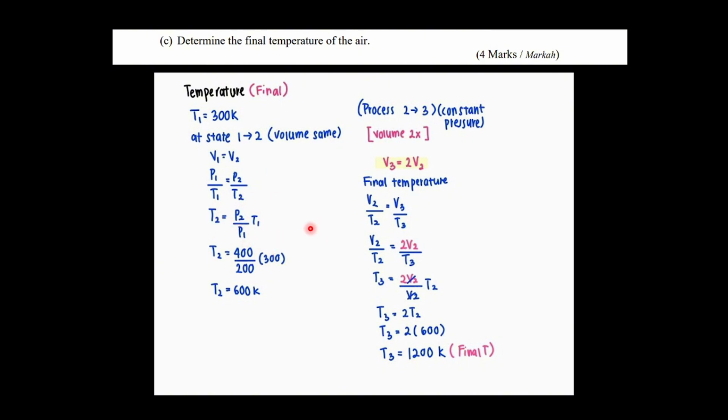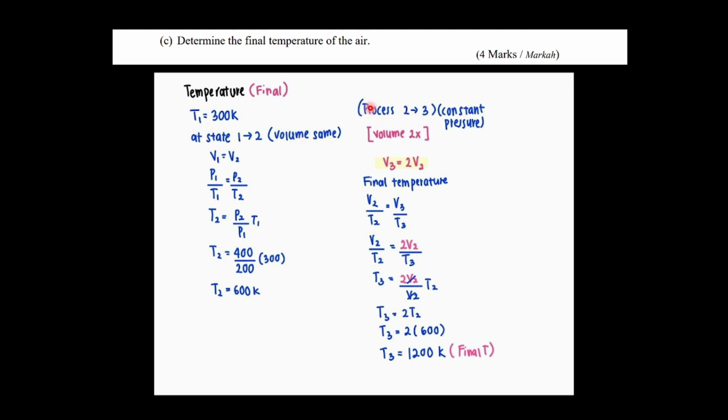We have to find the temperature at state 2. So T2 equals 400 divided by 200 times the temperature T1, which is 300 Kelvin, and we get T2 is 600 Kelvin.